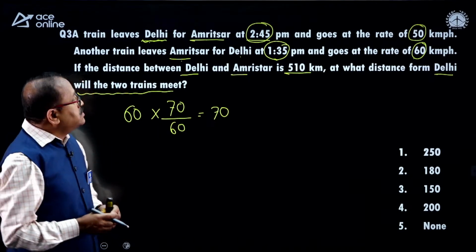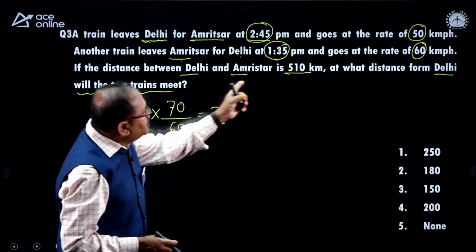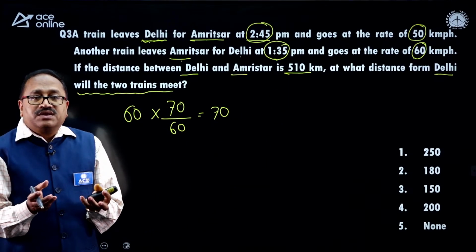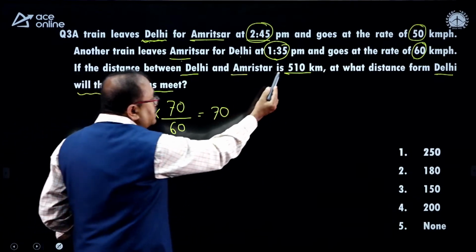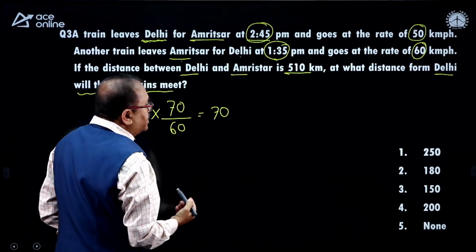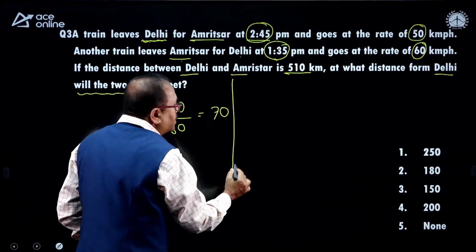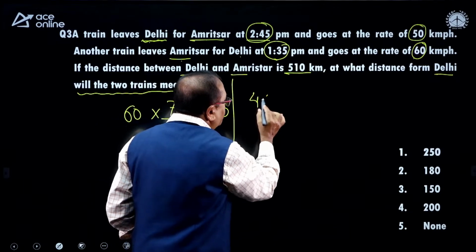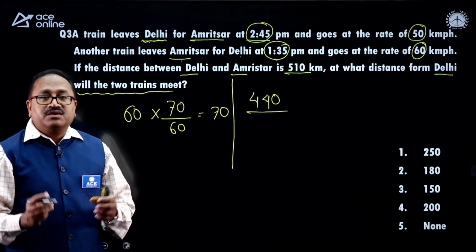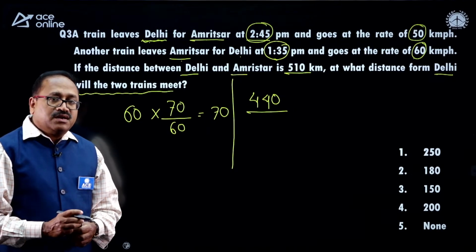What is the total distance? The total distance is already given, 510. So what is the remaining distance? The remaining distance is 510 minus 70, and I will get 440. Am I right? 440. This 440 has to be covered with the relative speed. And what is that relative speed?